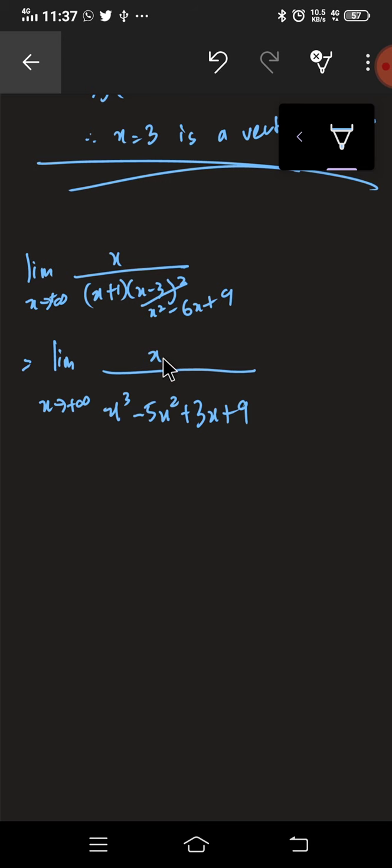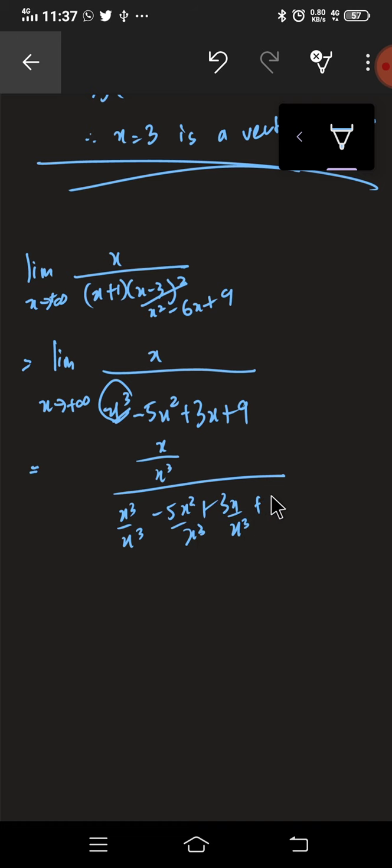If we just substitute, we get infinity over infinity, right? So what we need to do is divide everything with the highest power of x in the denominator. So everything should be divided by x³. So x over x³, divided by x³ over x³ minus 5x² over x³ plus 3x over x³ plus 9 over x³.